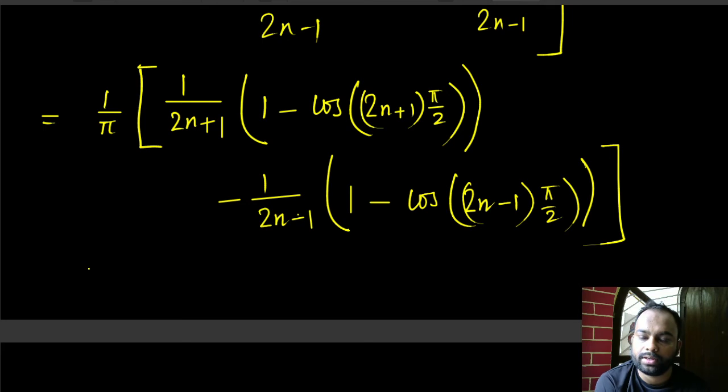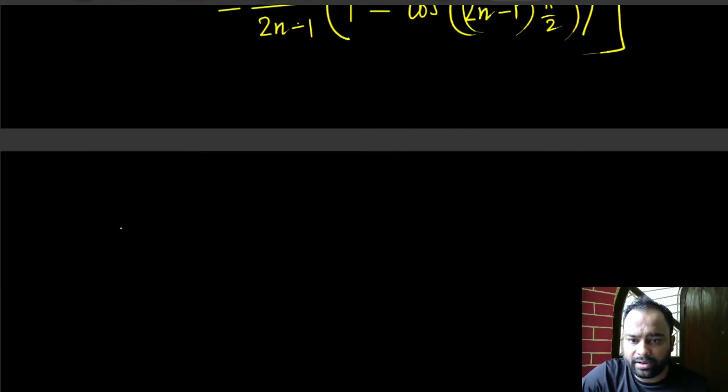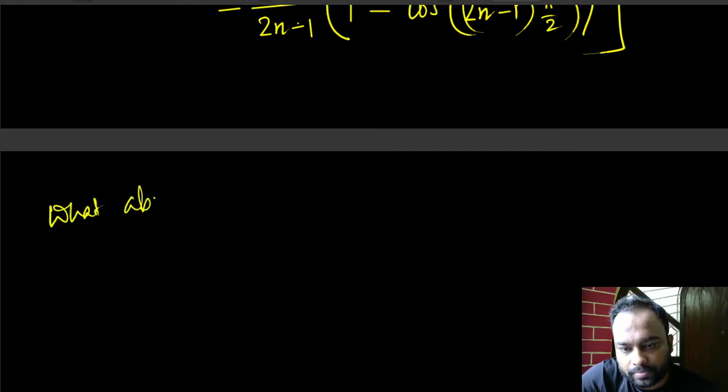Right, so now let's find a pattern in this. We need to be able to find a pattern, because this is the end of the problem. And what about bn?